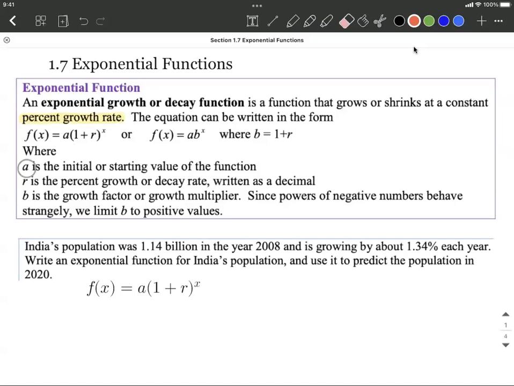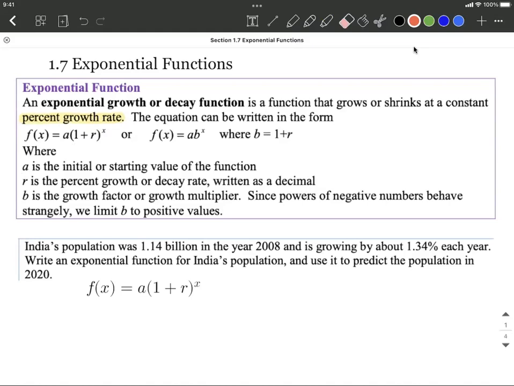So breaking down the different components here. A is going to be our starting amount, our initial amount. It's what you begin with. R usually comes as a percentage. It can either be percent growth, if things are getting bigger, it'll be positive, or decay if things are getting smaller, in which case we'll use a negative rate r. Now that comes as a percent typically, but what we want to do is rewrite it as a decimal.